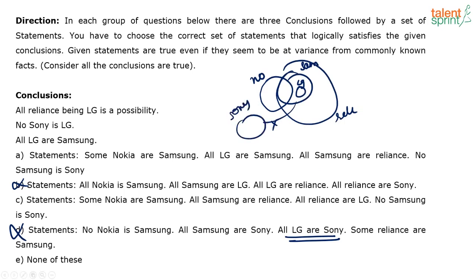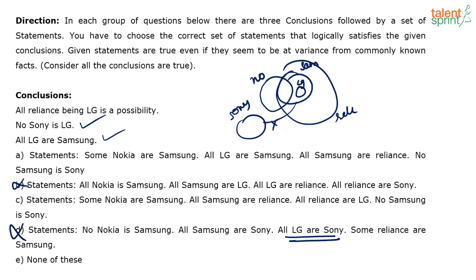Now here, no LG is Sony, that is being satisfied here, correct? No LG is Sony, very true. No Samsung is Sony, you already know that LG is going to be inside Samsung, so this is following. Now all LG are Samsung, yes, that's also true, following, correct?